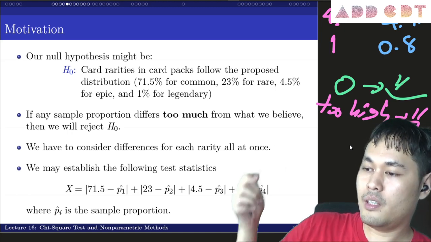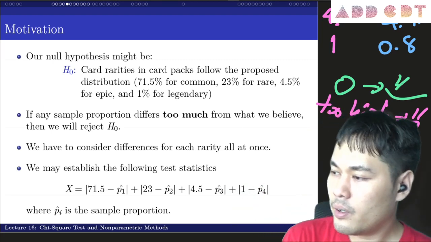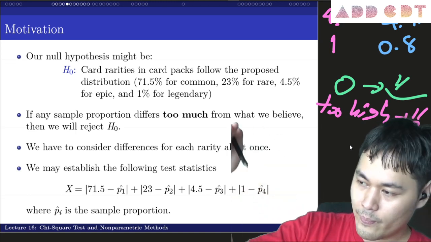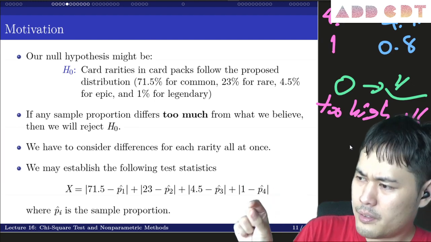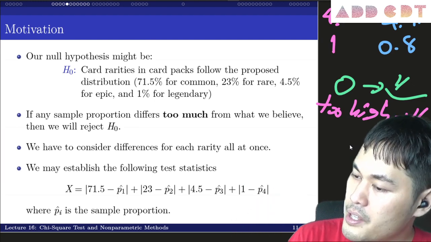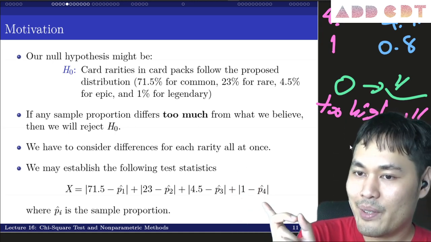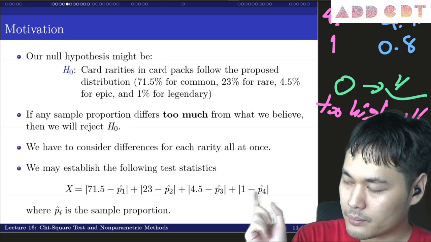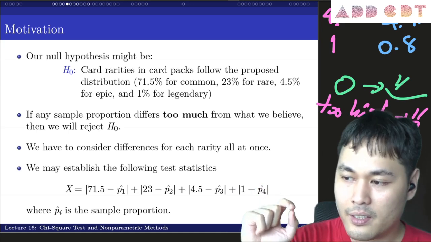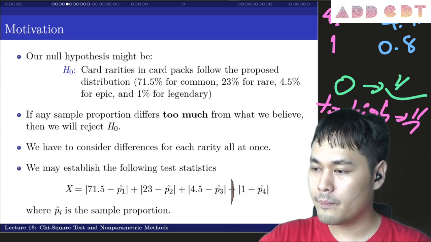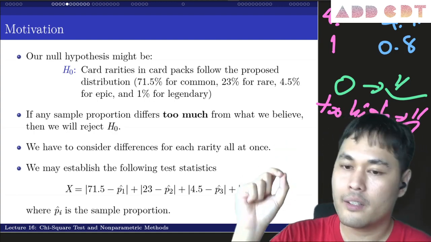If they differ too much, if this sum of differences is too high, then we say okay, that means they differ too much. In this case, since the formula we have here is a sum, then we don't care if that difference comes from 4 different categories or just one category.